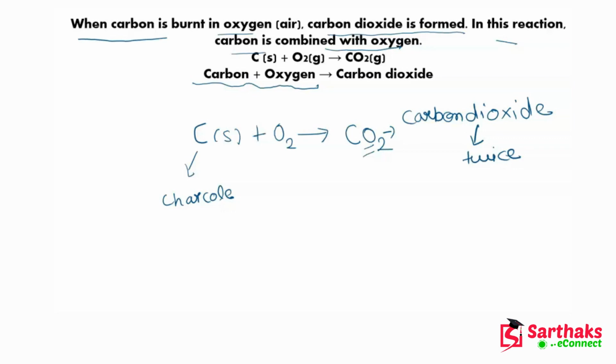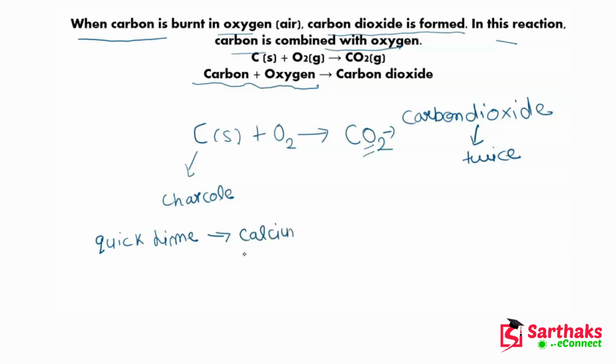Now guys, after understanding this, let's talk about some more examples of this combination reaction. You might be familiar with quicklime. So what is this quicklime? This quicklime is basically what we call calcium oxide.